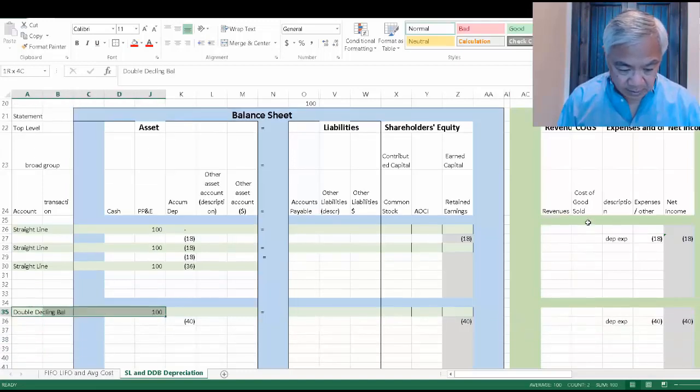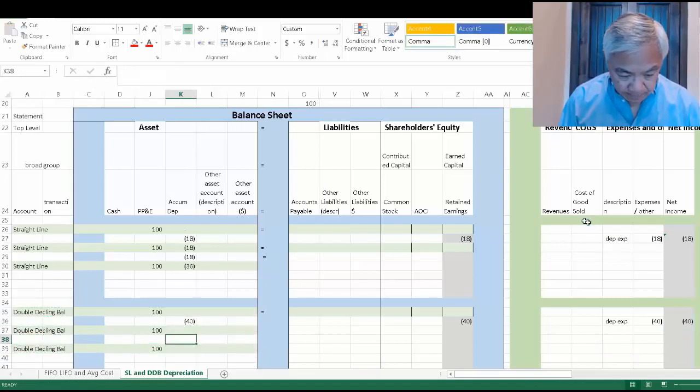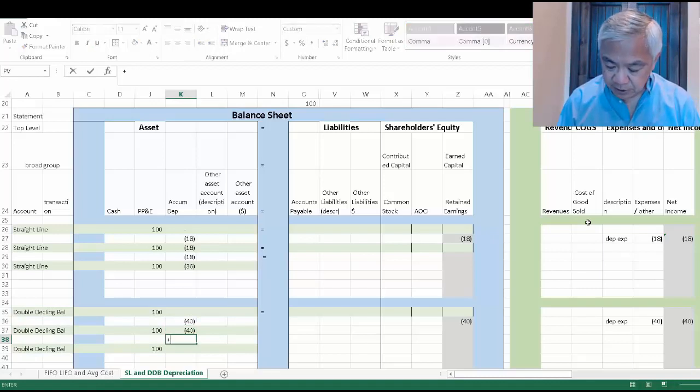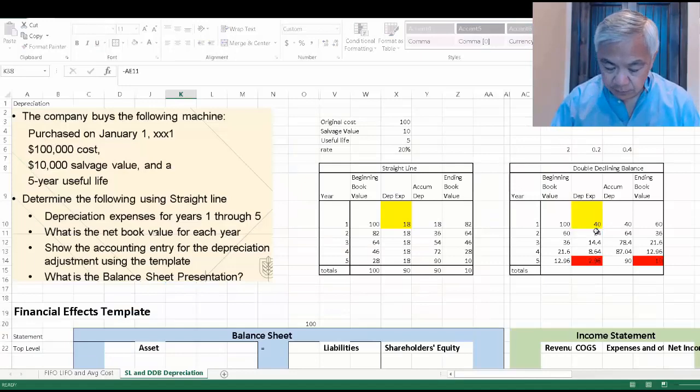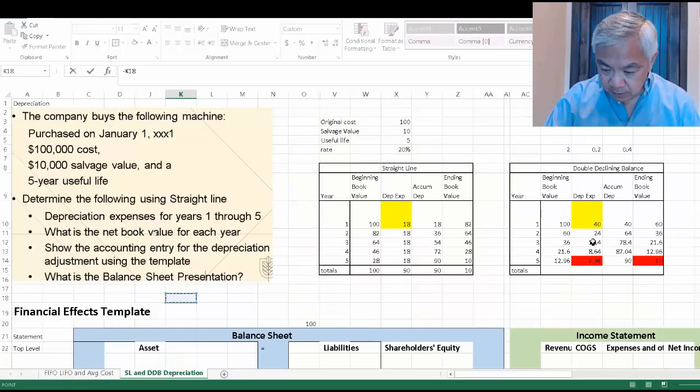And so if we did the same here, what we'll see over the next few years is next year we're going to start with 40, and then we're going to have another depreciation. How much? Let's now go to the schedule, 24. And the following year, we start with 24 on top of 40, 64. And the balance here will be third year, it's 14.